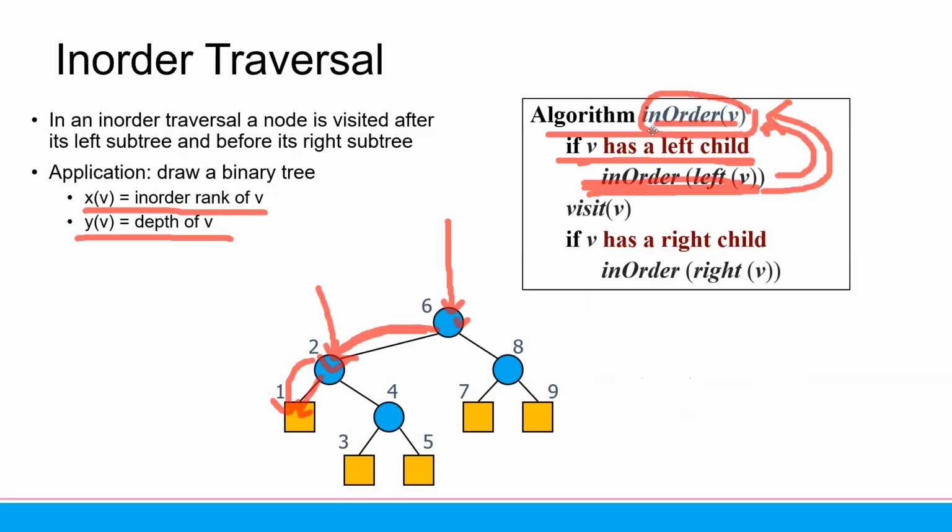And now we are doing the inOrder(v). In this node, do we have any left child? We don't have any left child. So we visit this node. That's why this is number 1. And after we visit, we check, is there any right child?